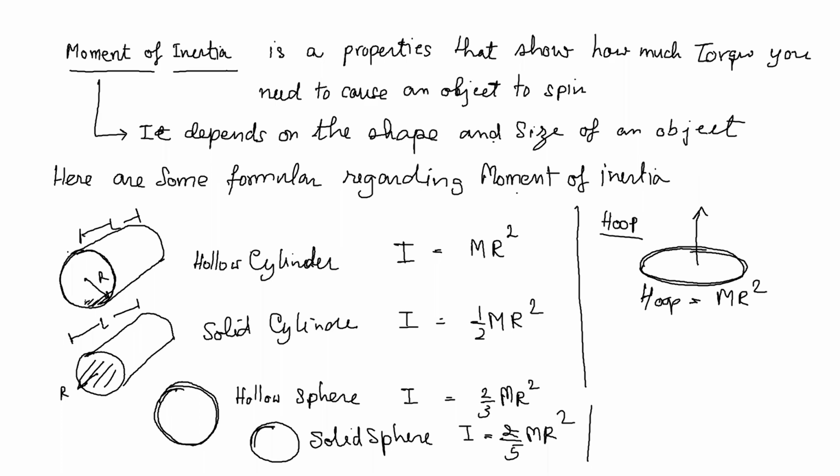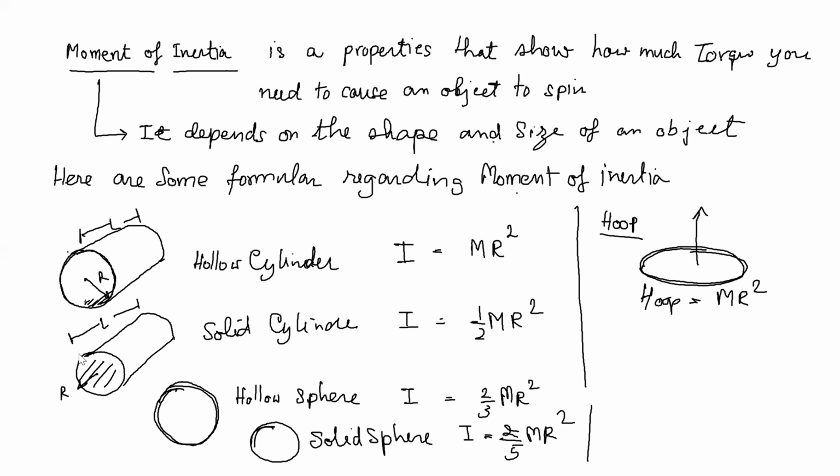Now each shape has a different value for the moment of inertia. For example, if you have a hollow cylinder, a cylinder whose center is empty, the moment of inertia is equal to mR squared.